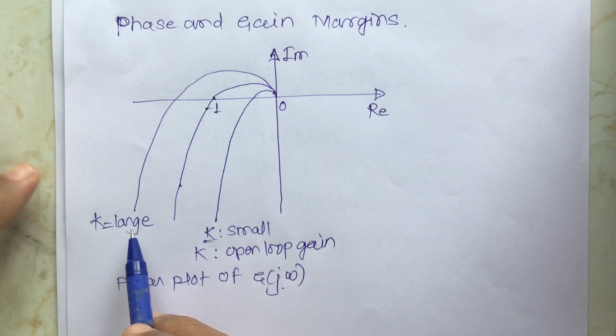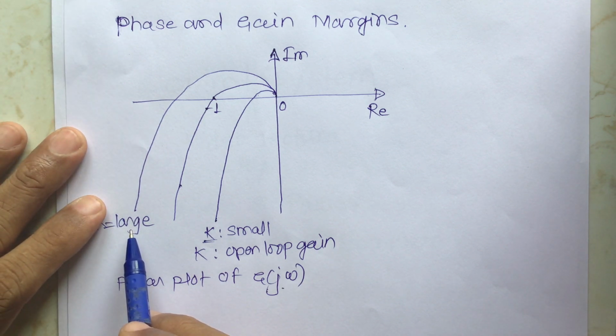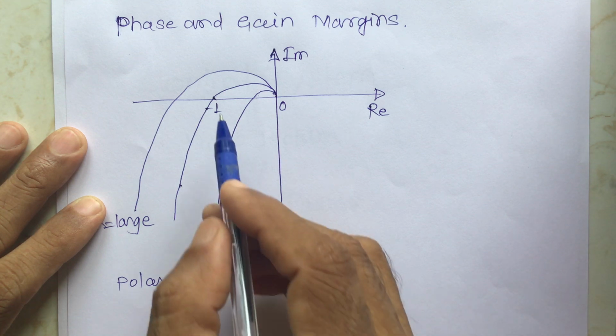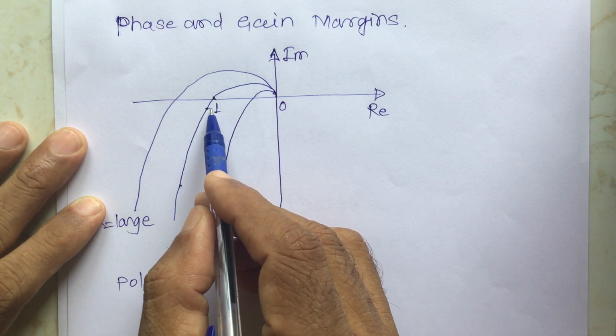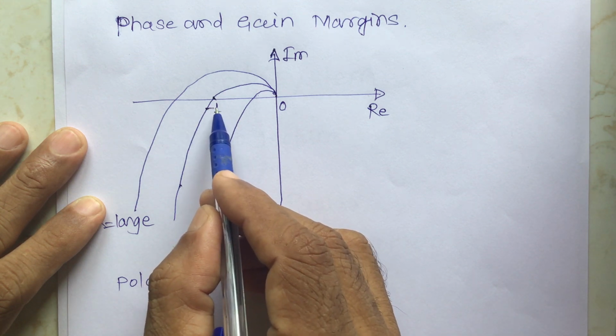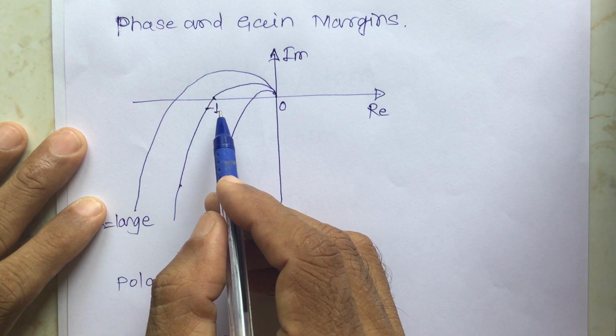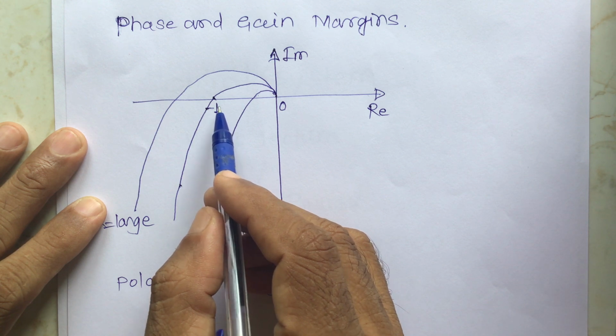For large value of gain K, the system is unstable, and as the gain K is decreased to a certain value, the G of jw locus passes through the point -1 plus j0. This is the -1 plus j0. This means that at this gain value, the system is on the verge of instability.